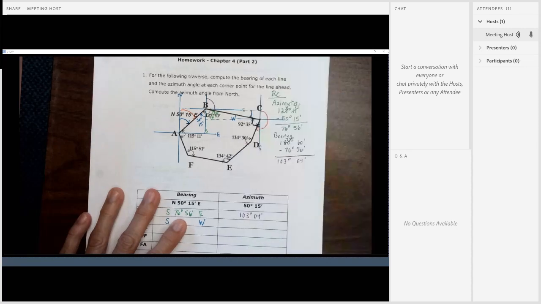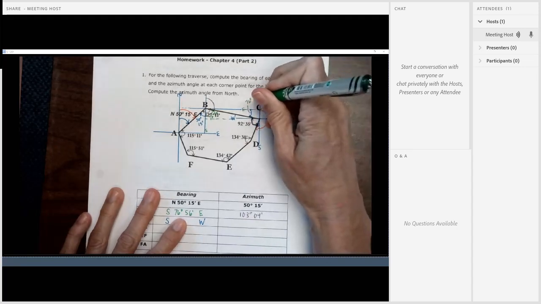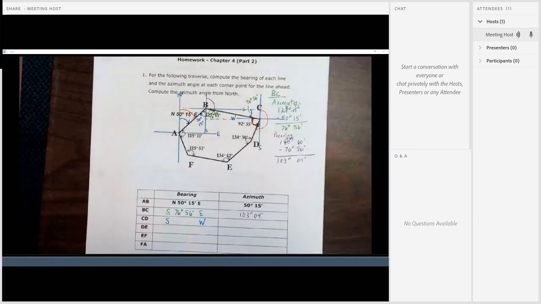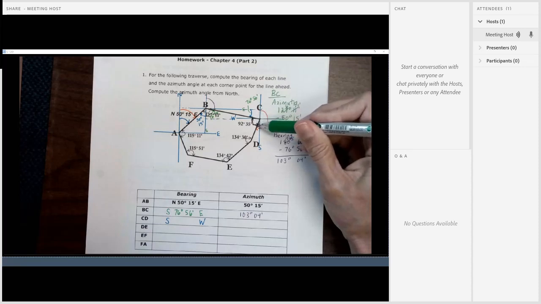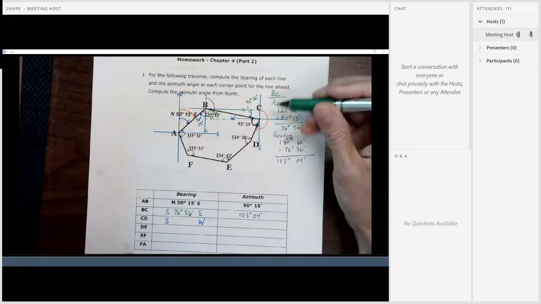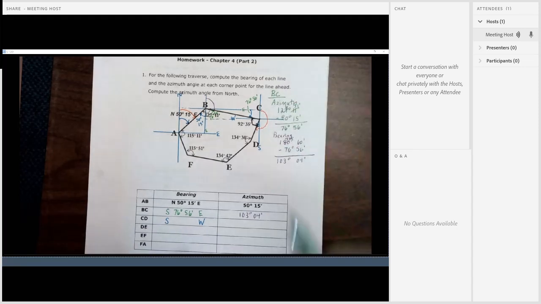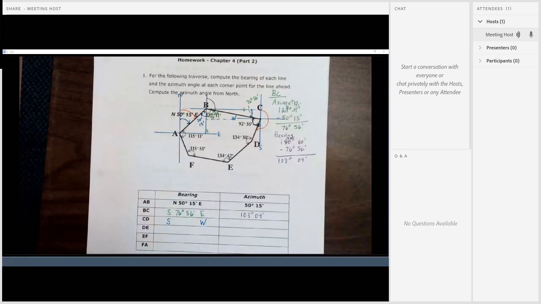This is also that 76 degrees, 56 minutes that we found before. So if we take that angle and add it to this angle, and then take that whole thing and subtract it from 180, we can figure out what that little angle is in there, also known as our bearing.